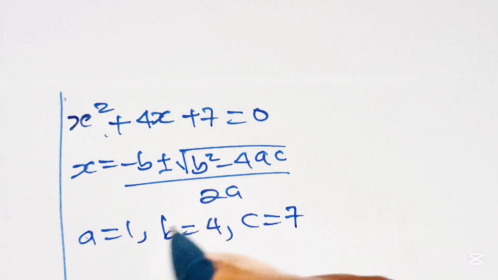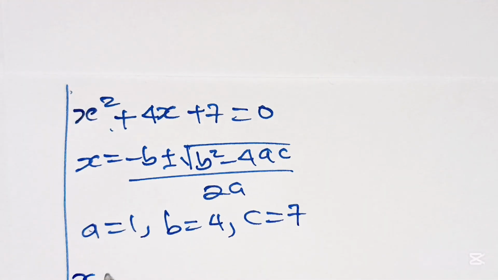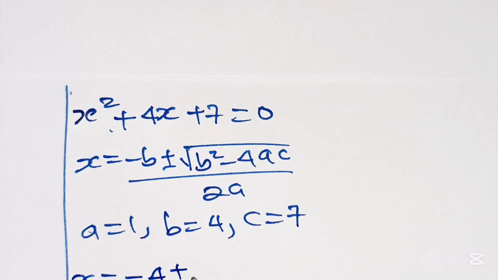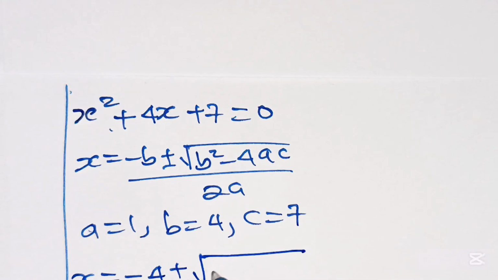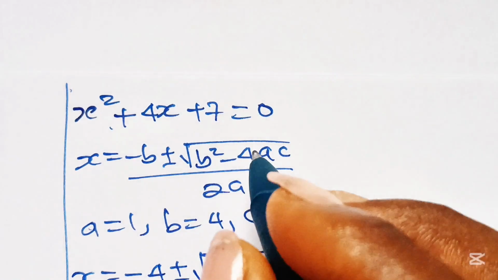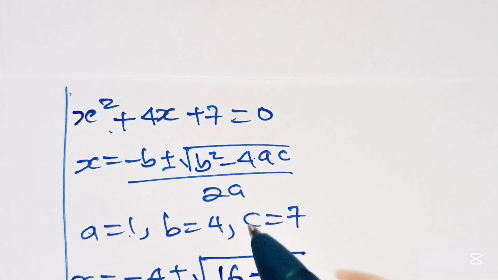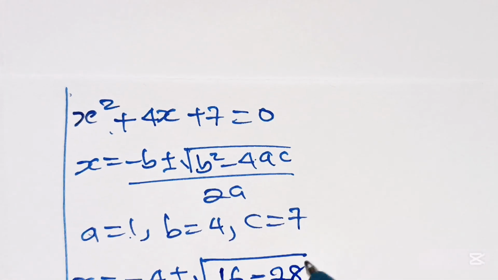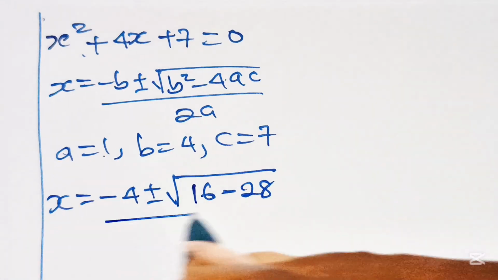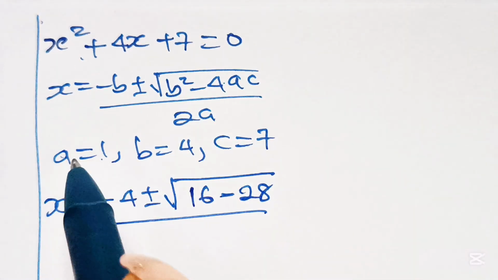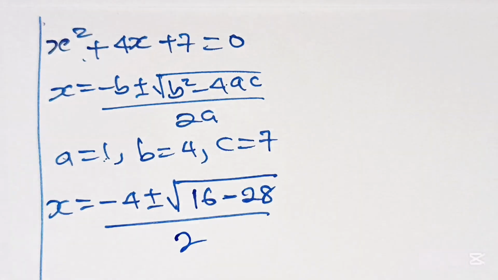So let's substitute into this. If we substitute, we have that x is equal to minus 4 plus or minus square root of 4 squared, which is 16, minus 4ac, that is 4 times 1 times 7, and 4 times 7 is 28, right? Everything divided by 2 times 1, which is 2 as well.